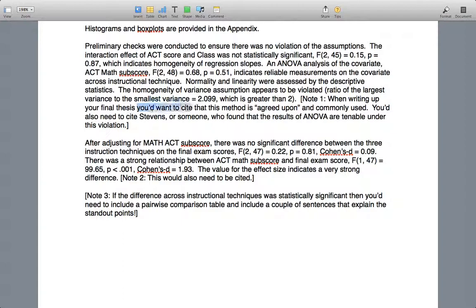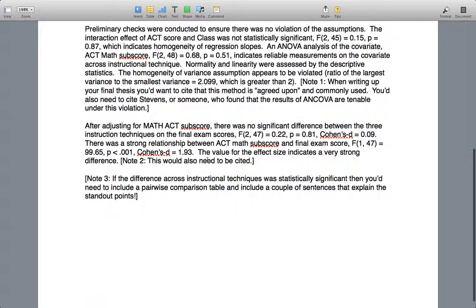But when doing this, you would need to cite from the literature that using the ratio of the largest variance to the smallest variance, and that being greater than or equal to 2, you need to find that in the literature somewhere and cite that that's an agreed upon measure. And you'd also need to cite Stevens or someone who found the results of ANCOVA are tenable under the violation of homogeneity of variances. So a big couple things you'd have to cite there.